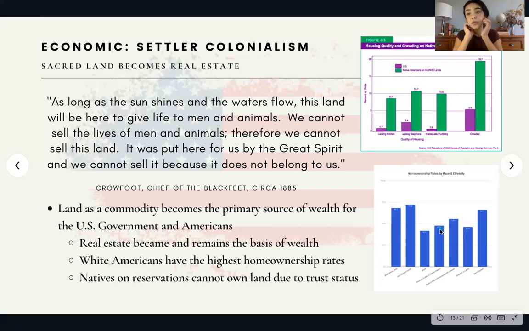And on the upper right is statistics about housing quality. And you see in every category, the general US quality of housing really outdoes Native American quality of housing. This is a statistic about, is the household lacking a kitchen in their home?